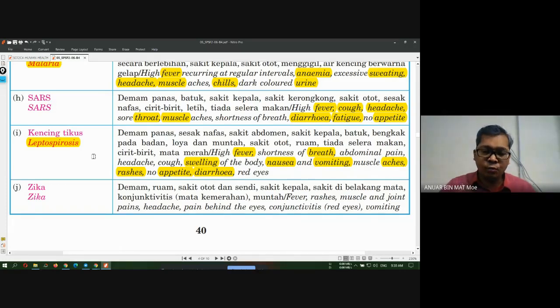Usually when you go to an infected area, such as bathing in the river or stream, or swimming in the river, you will have leptospirosis.